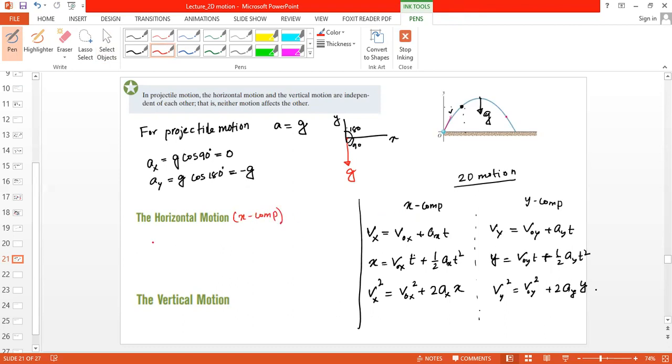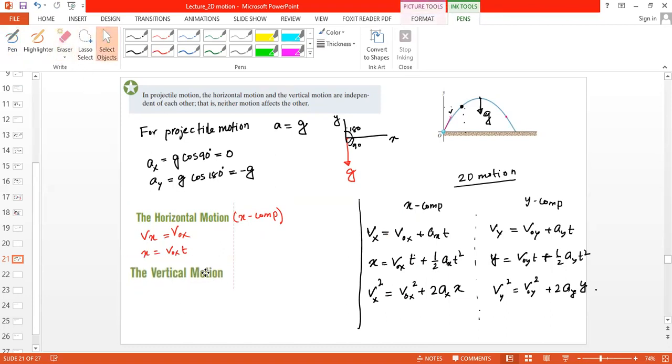For projectile motion, the equation will be Vx equal to V naught x, because ax equal to 0, and x equal to V naught x t, because there is no half ax t square, because ax equal to 0, and Vx square equal to V naught x square. This is the previous one actually. I don't need to write this one.